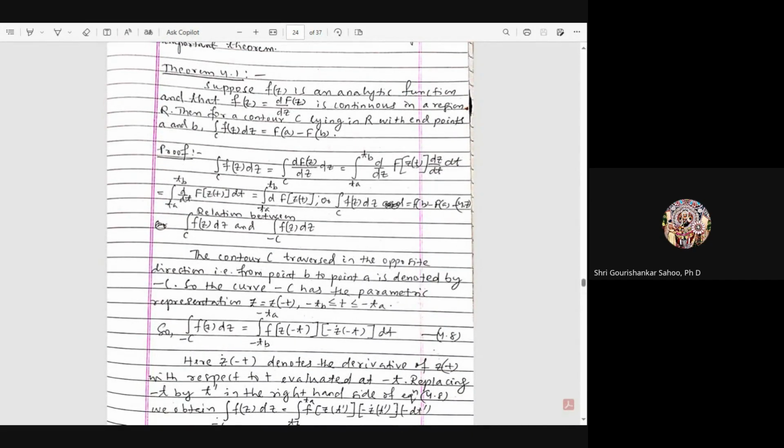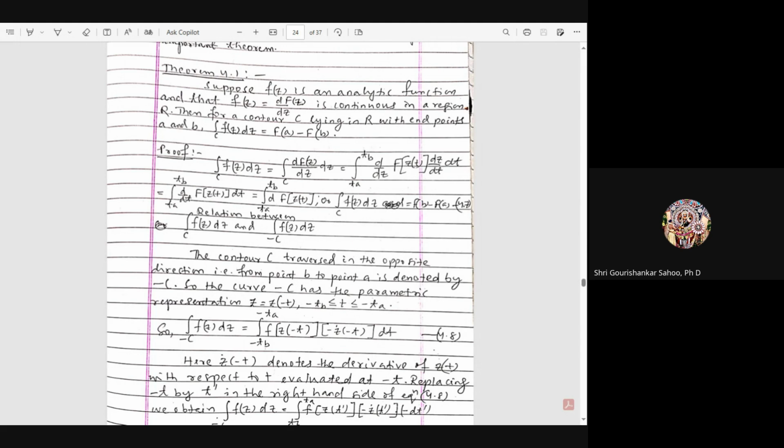Suppose f(z) is an analytic function and that f'(z) equal to df by dz is continuous in a region capital R. Then for a contour C lying in R with endpoints A and B, your integration over C of f'(z) dz is equal to f of B minus f of A. To prove this, you take the integration over the contour f'(z) dz equal to the integration over the contour df by dz dz, and this is nothing but f of B minus f of A.